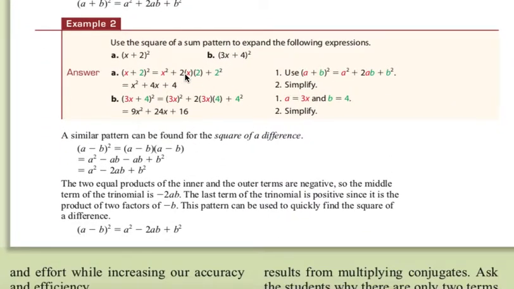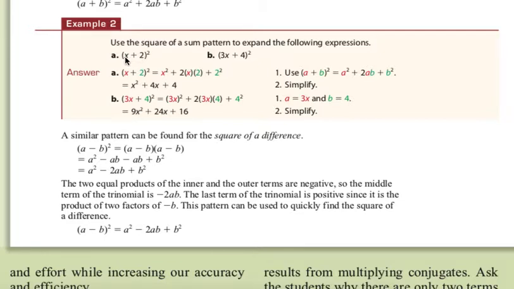Okay, here we go. Here's the real math. Example number 2. Use the square of a sum pattern to expand the following expressions. So you could expand this out and do x plus 2 times x plus 2, or you can follow the pattern. It's this squared plus 2 times x, and you have to do that twice, and then plus this squared.